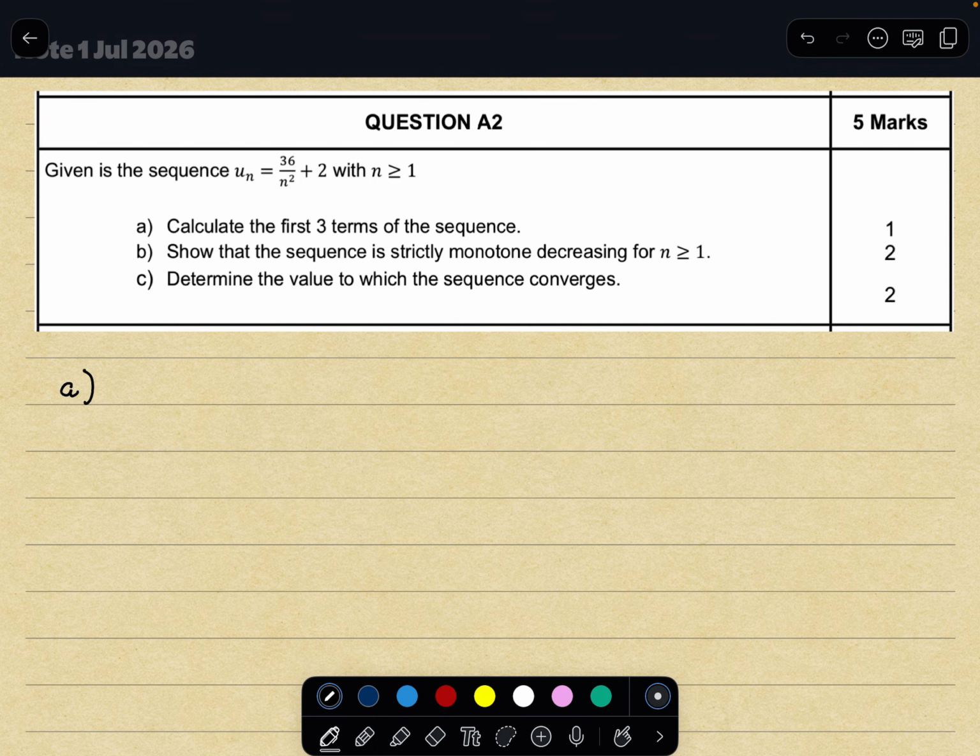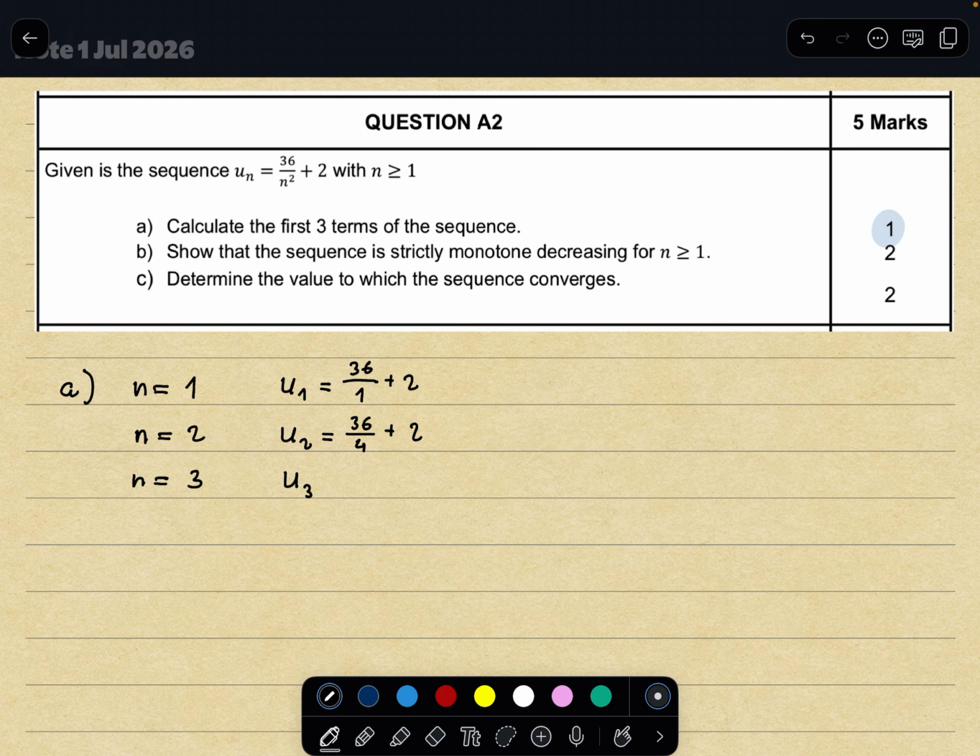Notice part A is worth only 1 mark for writing the first 3 terms of the sequence. I would even write that this is the part where n equals 1. The next term will be when n equals 2, and n equals 3 will give us the third term. So u sub 1 is 36 divided by 1 squared plus 2. u2 will be 36 divided by 2 squared, so 36 divided by 4, plus 2.